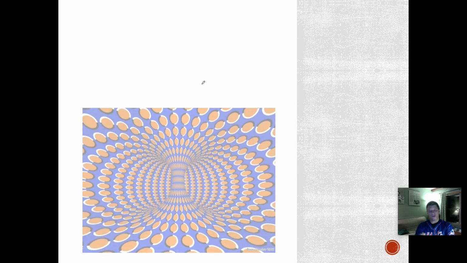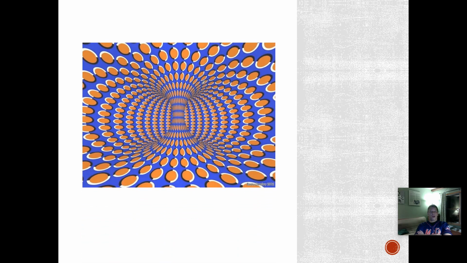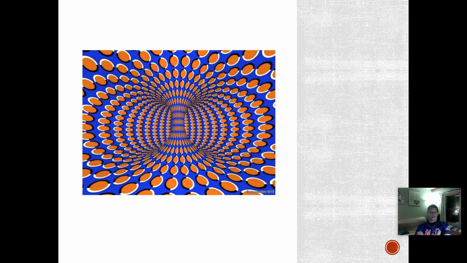Now this one is very freaky. Let it settle down and then just stare at it for a minute. Do you see it turning? But it's not turning at all. This picture is not moving.